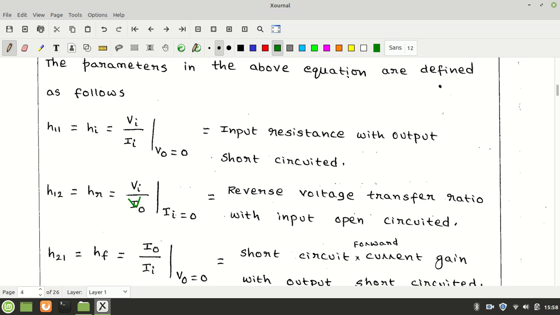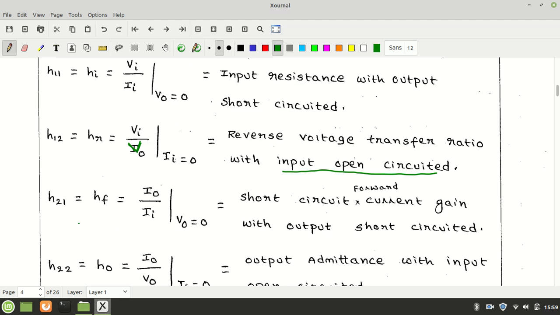It should be Vi by V0, when Ii is equal to 0, that is input current is 0, that means input is open circuited. This term Vi by V0 is not the voltage gain, it is the reverse voltage gain, or you can say the reverse voltage transfer ratio. So that is why Hr is written.